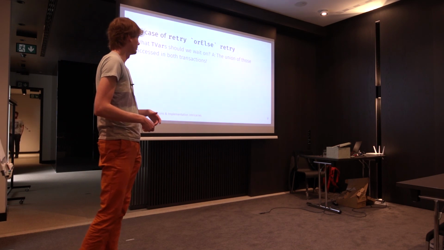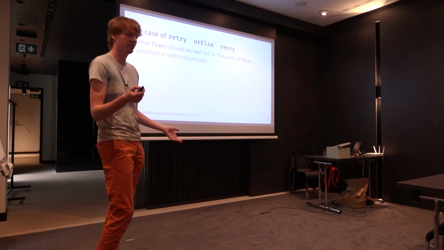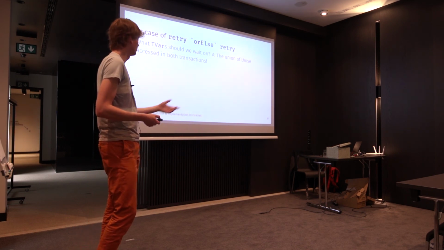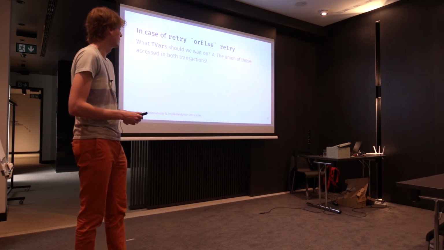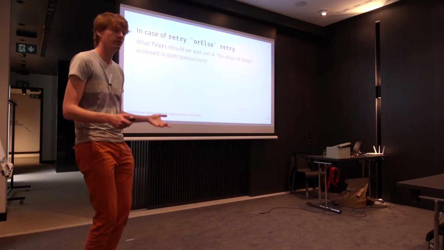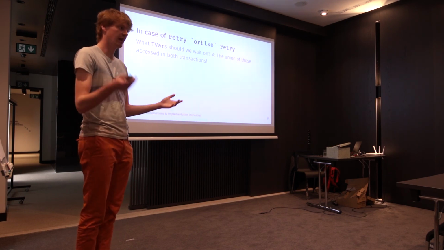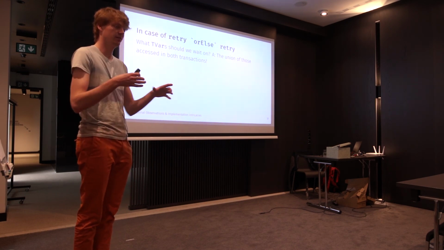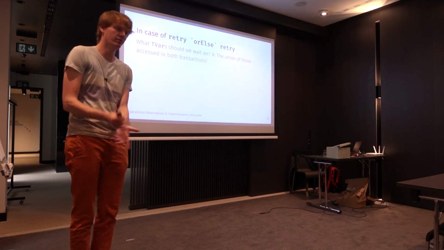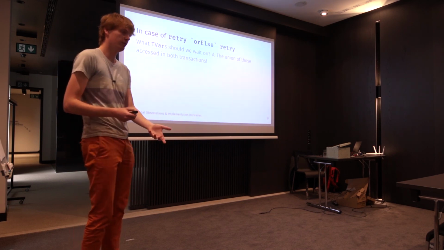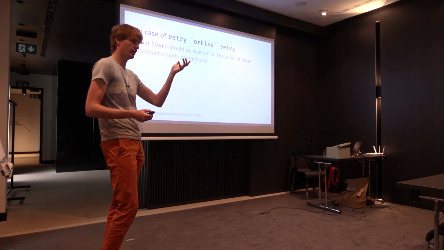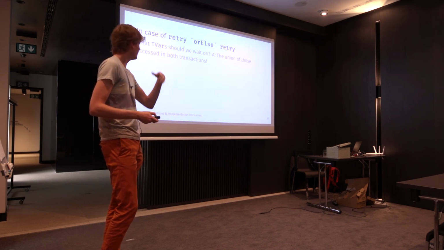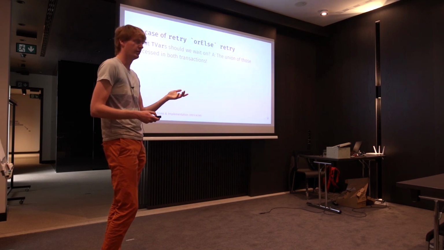Well, the union of all those accessed in both transactions, because the parent needs to eventually know all the stuff that has been accessed inside the entire thing, because a retry could propagate from the bottom and end up at top level.